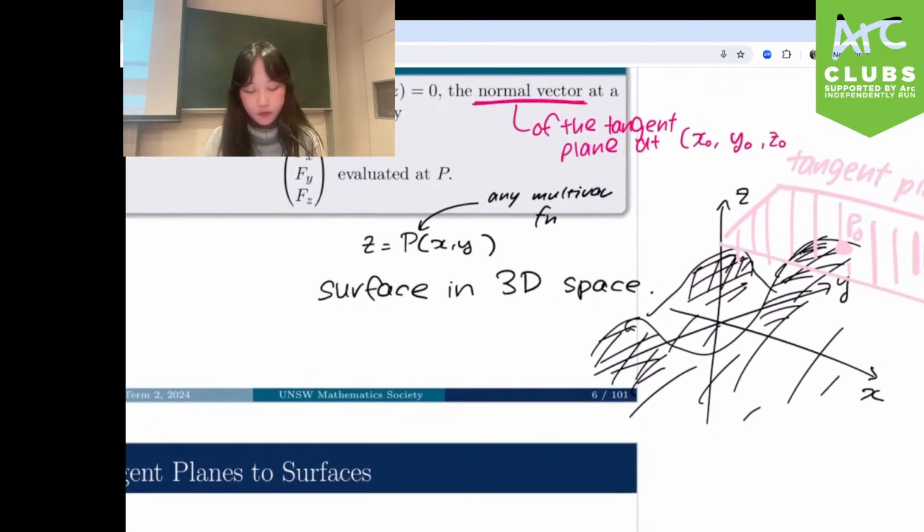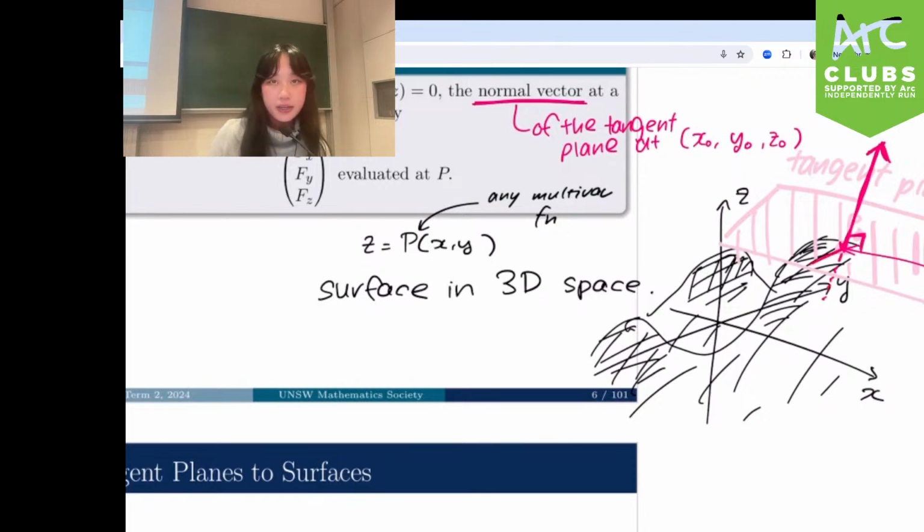Okay? So if I was to represent that geometrically on our lovely bumpy surface, we would have a vector which extends past this point of intersection here, and this vector would be perpendicular to this plane. Okay?